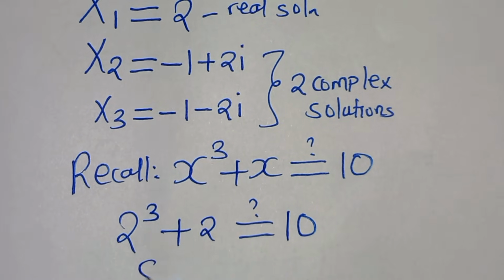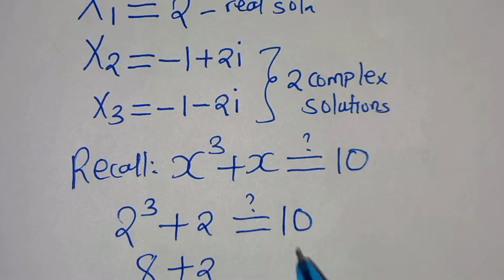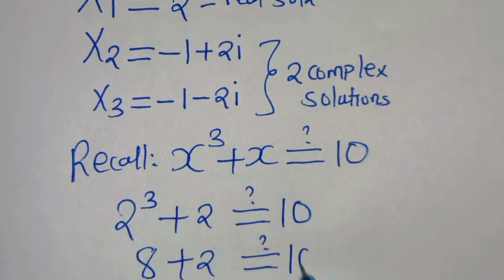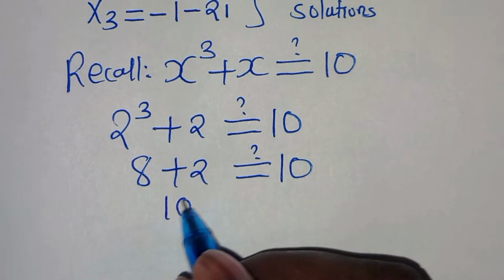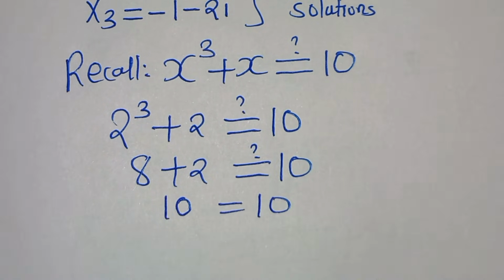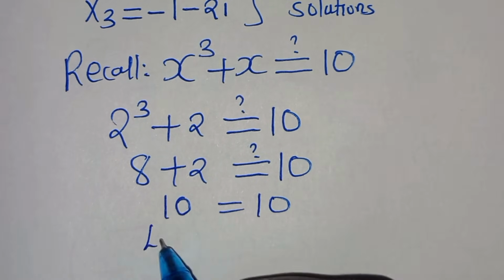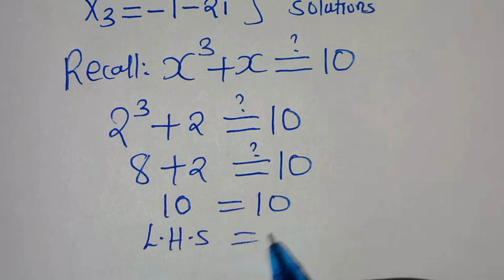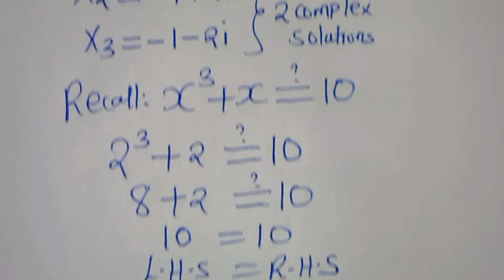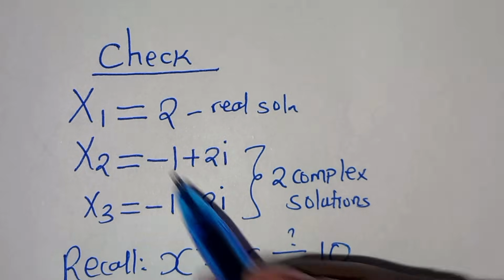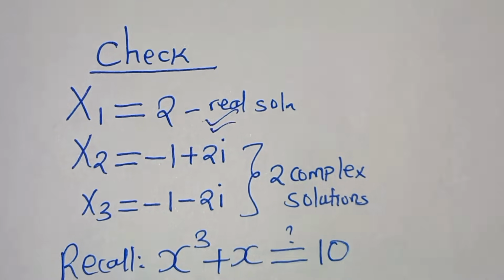So 2 to the power of 3, this is 8, plus 2. So 8 plus 2, this is 10, which is equal to 10. So this implies that the left hand side is equal to the right hand side. And this affirms that x1 here, which is 2, satisfies the equation.